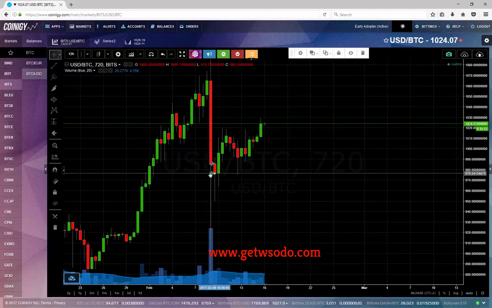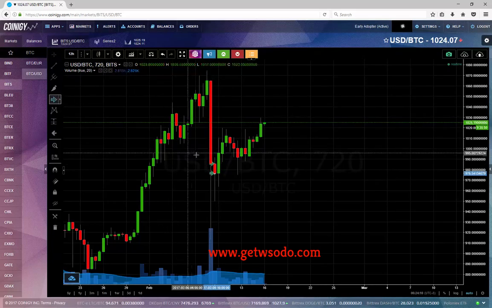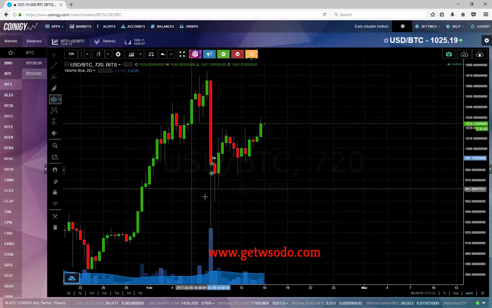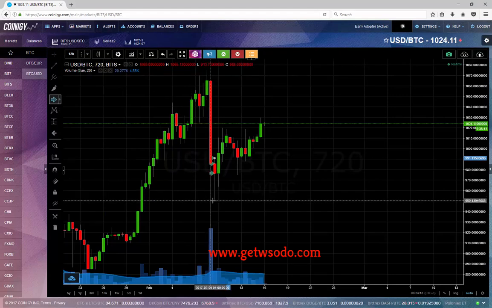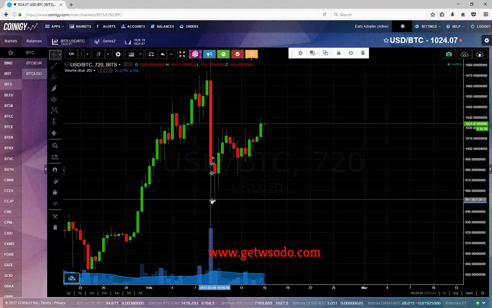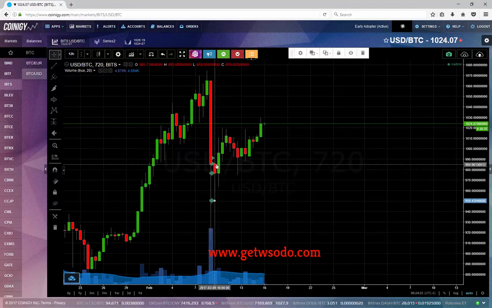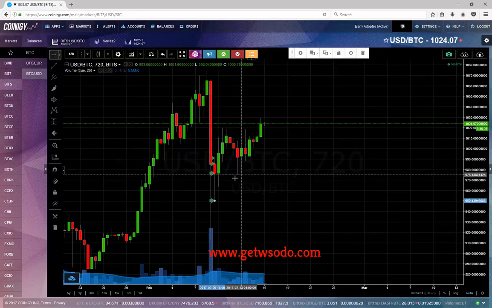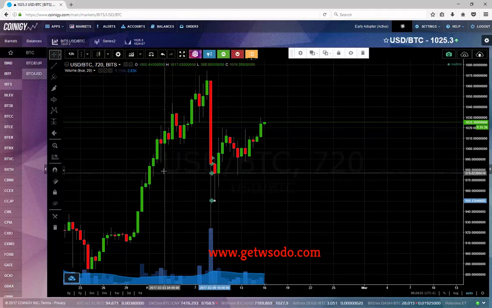And this wick up here, this little wick, is the high, so that's how high it went. And this wick down here is the low. So that's a red candle: open, high, low, close.